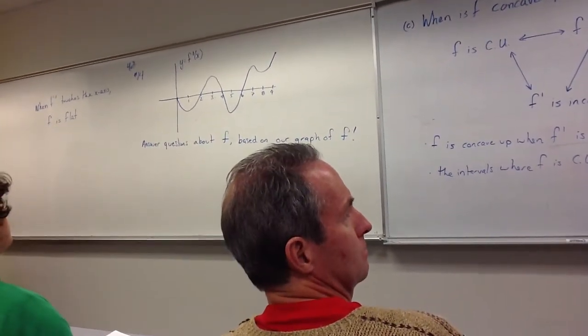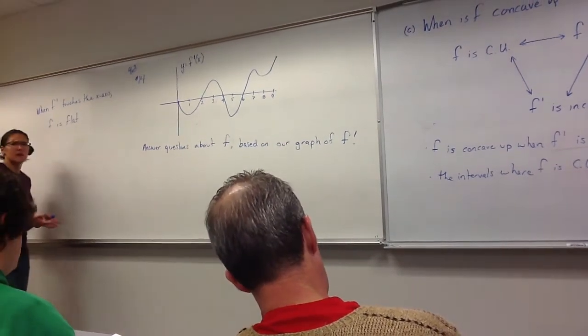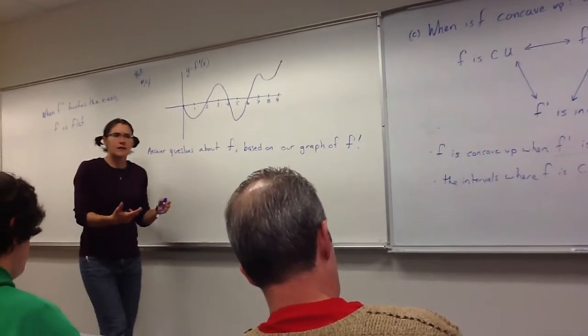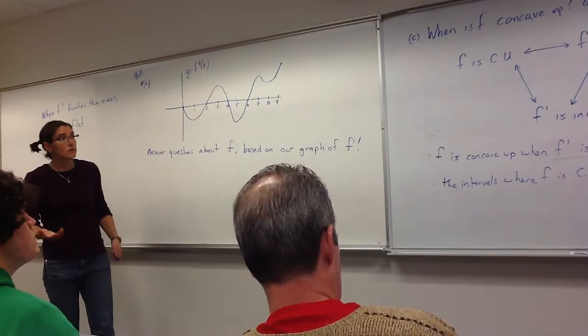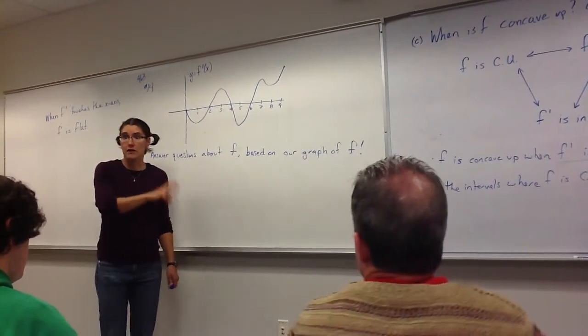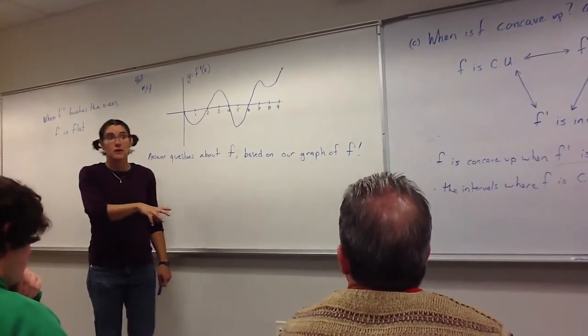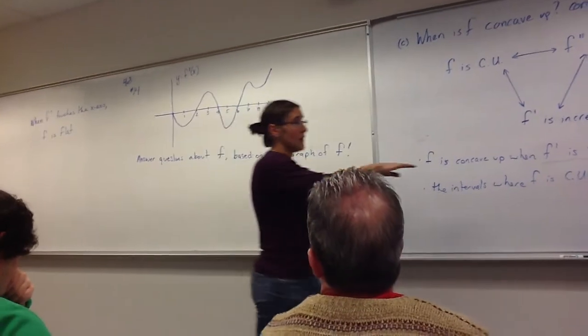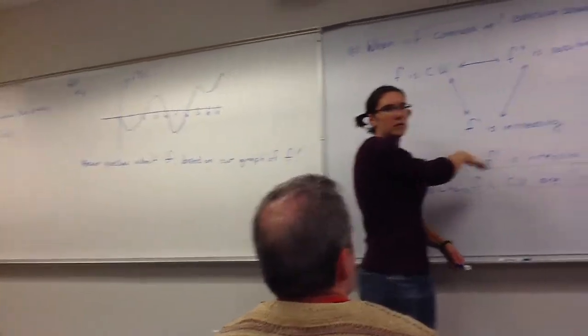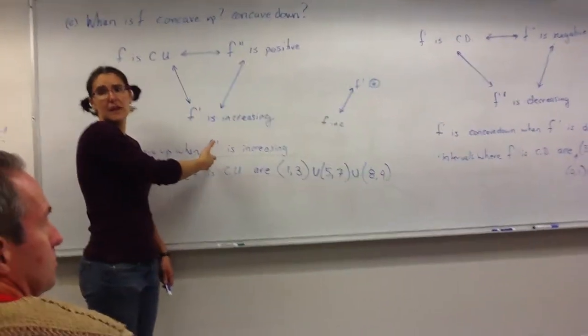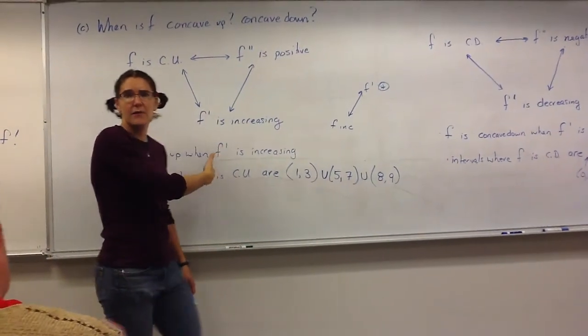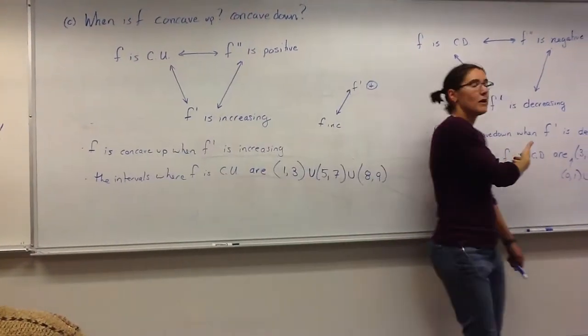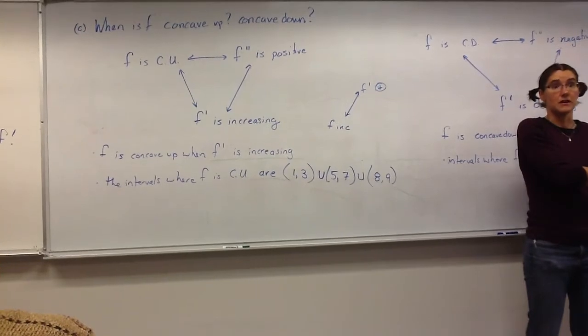Okay, so but points of inflection are sort of like local extrema at a different derivative level. Points of inflection are places where concavity changes. And so concavity on f prime is, so f is concave up when f prime is increasing, f is concave down when f prime is decreasing.